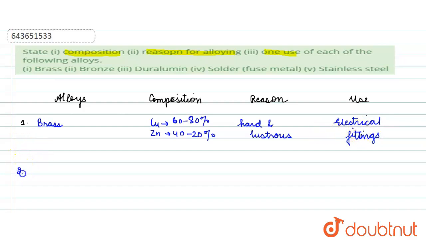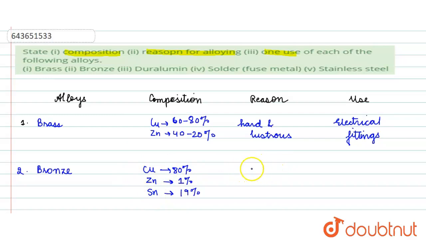So our second alloy is bronze. Bronze is an alloy of copper, zinc, and tin. It consists of 80% of copper and very less amount of zinc, that is around 1% of zinc, and 19% of tin in it.